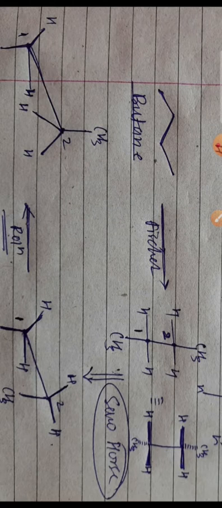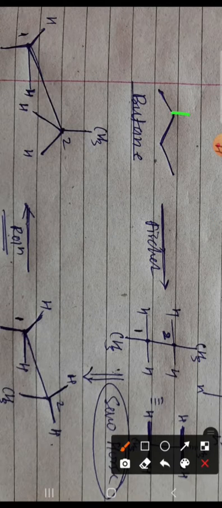What is the first rule of Fischer? Taking the maximum carbon on the vertical line, and the remaining groups over the first carbon, second carbon, and the remaining carbons over the vertical line, like this. Maximum carbon over the vertical line and substituents over the horizontal line.